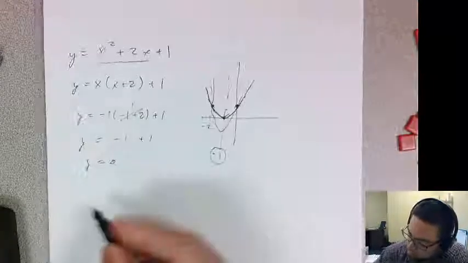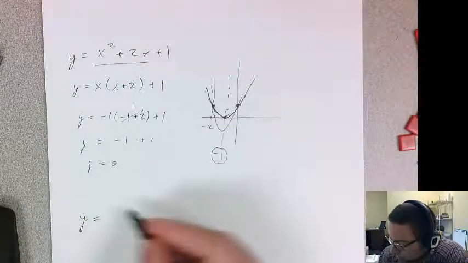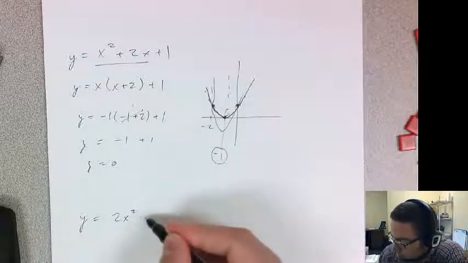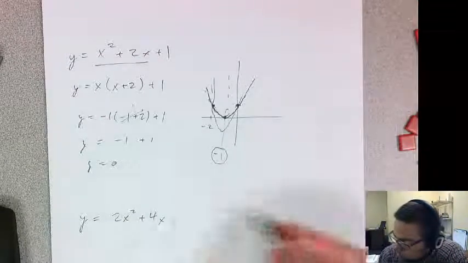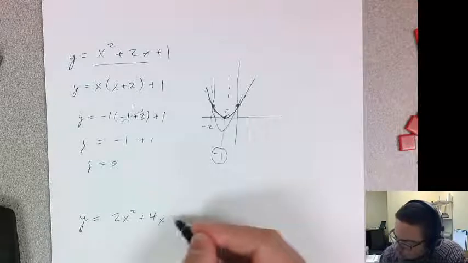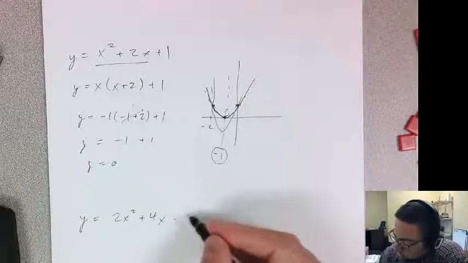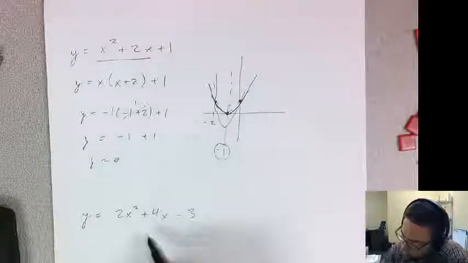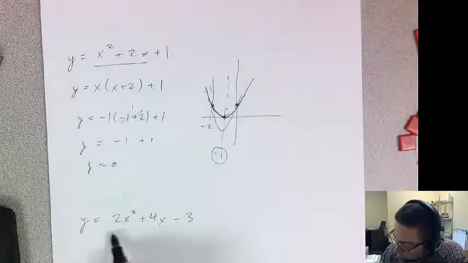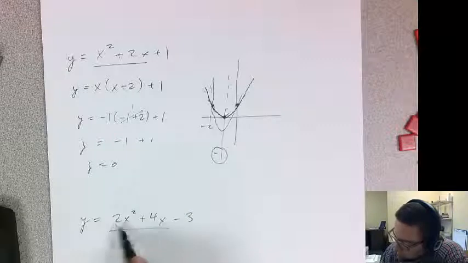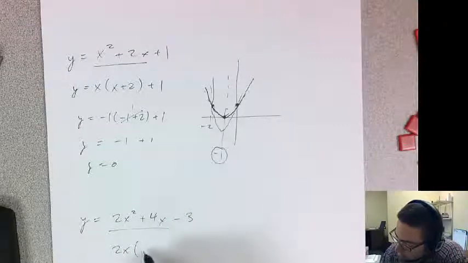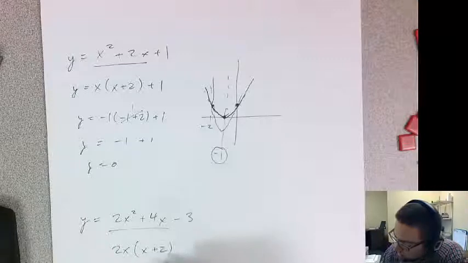Okay, so let's do one more. We'll say y equals, I don't know, 2x squared plus 4x, I don't know, minus 3. Okay, so let's do the same thing. Let's find some interesting x values. I could factor a 2x out of there, so 2x times (x plus 2), right?